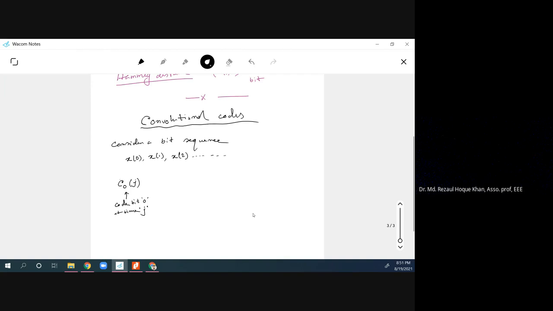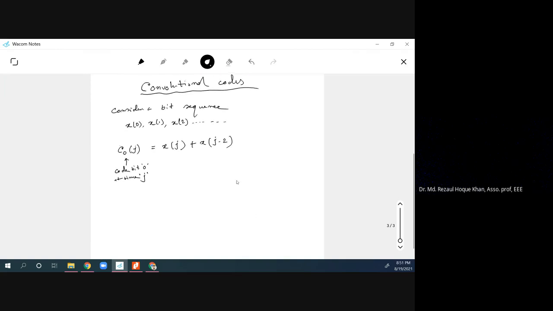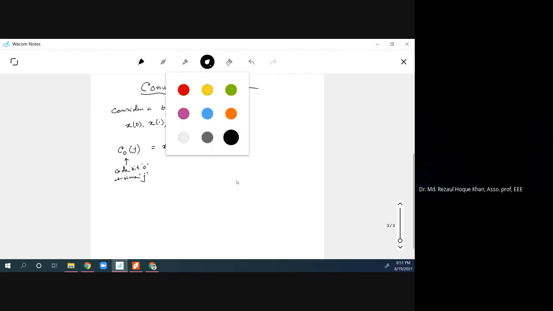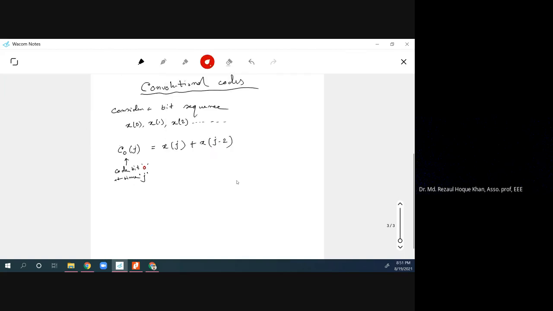That's why we write C0 j. The convolution code is nothing but xj plus xj minus 2. This is for code bit 0, at time j.